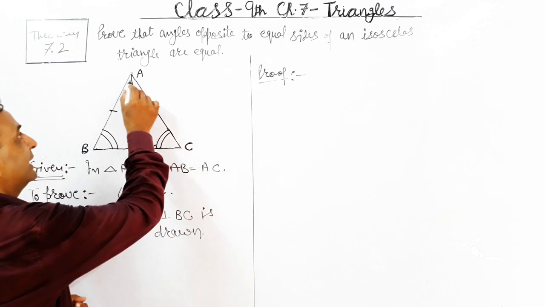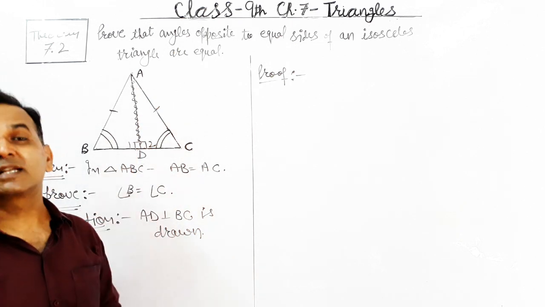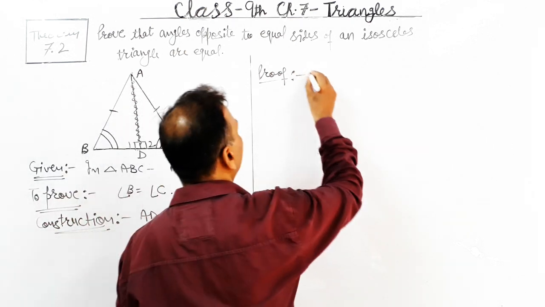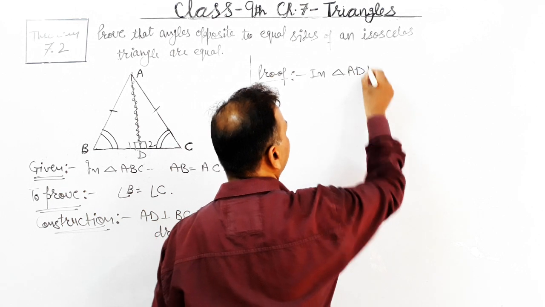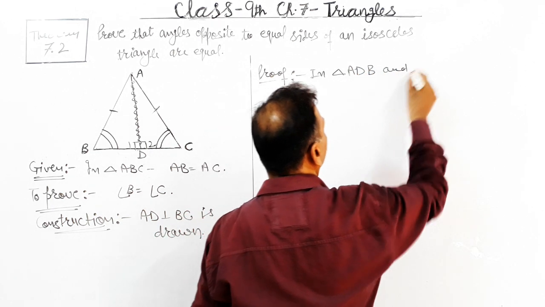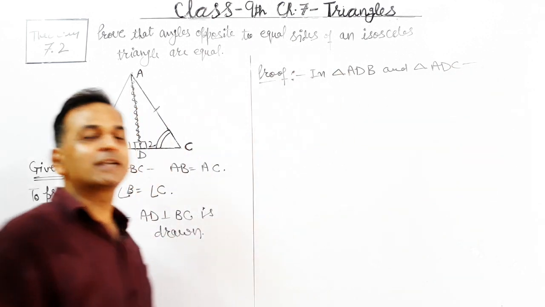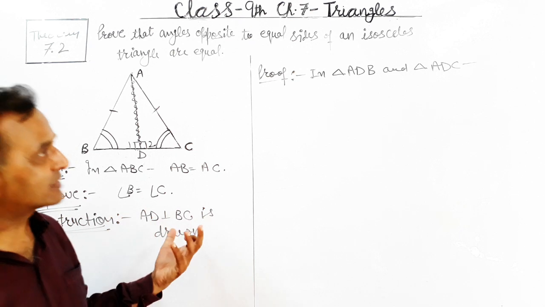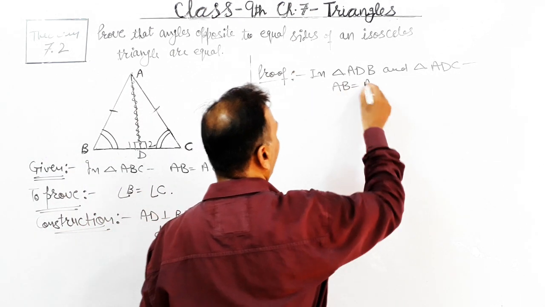Also, AD and AD will be equal to each other because it is the common side of these two triangles. So we can start now. In the left hand side triangle, that is ADB, and the right hand side triangle ADC, if we compare the corresponding parts, as we have already discussed, AB and AC are equal.